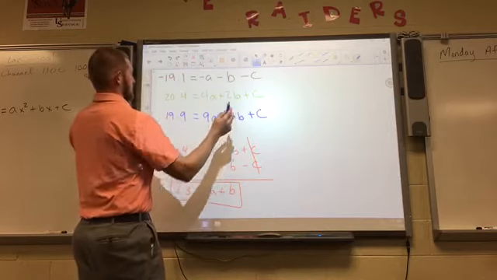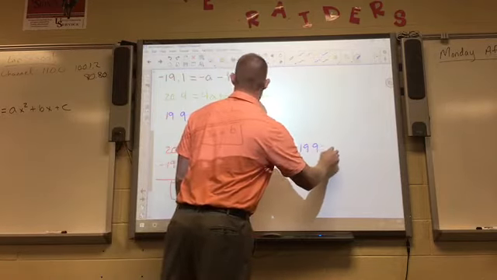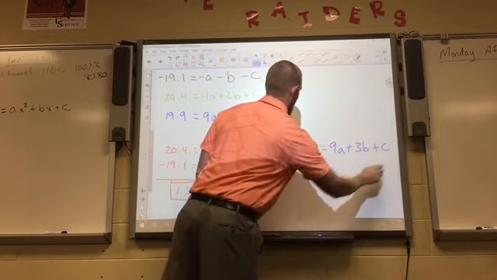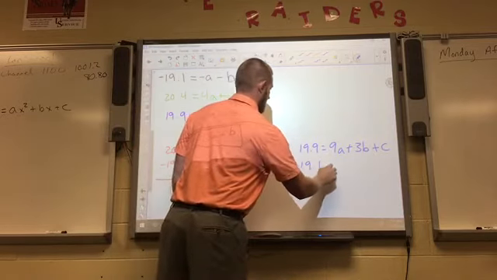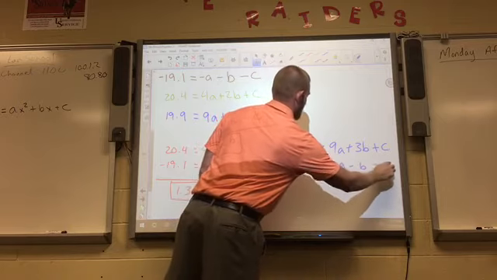So now let's take the blue one and the black one. So I have 19.9 equals 9a plus 3b plus c. And I have negative 19.1 equals negative a minus b minus c.